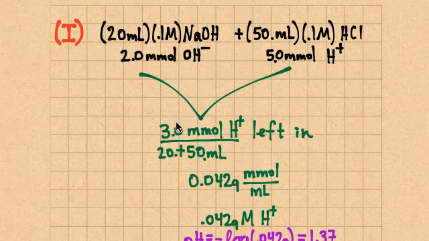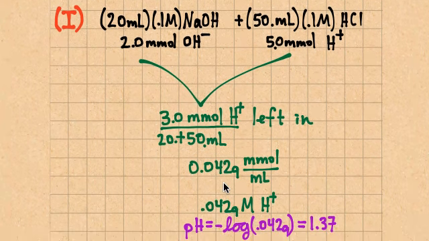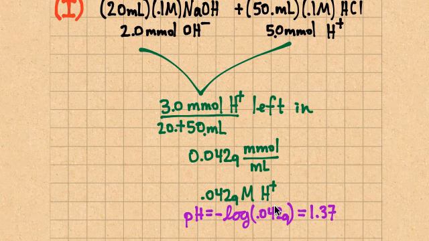In other words, 2 millimoles of strong base cancels 2 millimoles of strong acid, leaving 3 millimoles of strong acid behind. My total volume is 20 plus 50, which is 70 milliliters, and 3 over 70 is 0.043-ish. That's millimoles over milliliters, or molarity of H+. If I take the negative log of that, that gives me the pH.